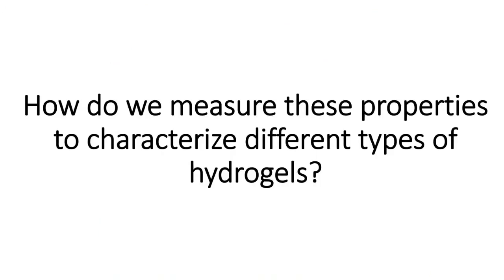So getting into that, it brings up, how do we characterize the different types of hydrogels? If these hydrogels are releasing drug based on a mechanical stimulus, then their mechanical properties are going to dictate when or how strong that stimulus needs to be before you start to release drug. So how do we characterize this?